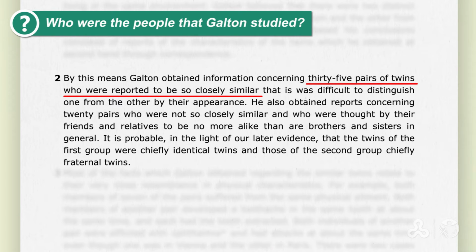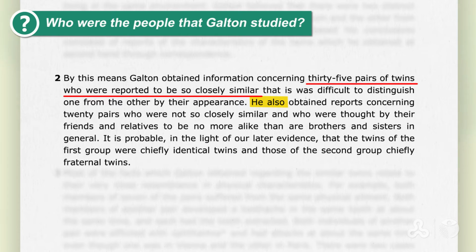He got information about 35 pairs of twins who were reported to be so closely similar that it was difficult to distinguish one from the other. Okay, so he studied twins who were very similar. Now notice the words he also, hu gam. Now when you see the words also, it means that the writer is continuing to give the same type of information, so you should continue reading when you see the words also.